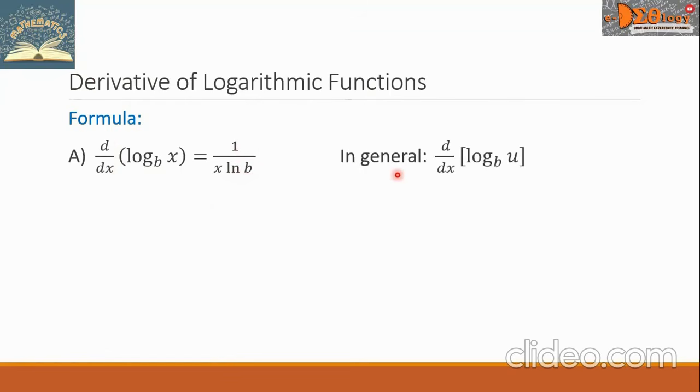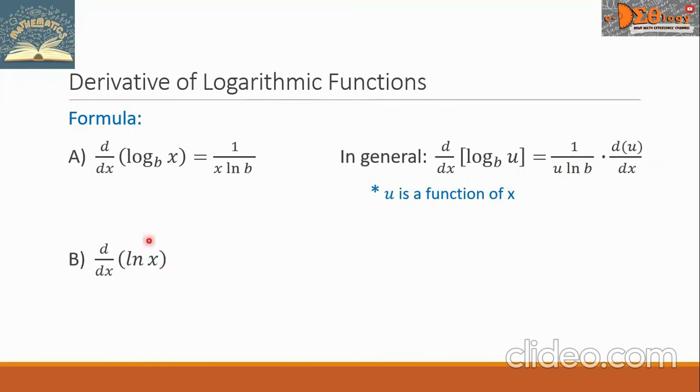In general, we have d over dx of log of u to the base b, where u here is a function of x. This is equal to 1 all over u times ln of b multiplied by du over dx.